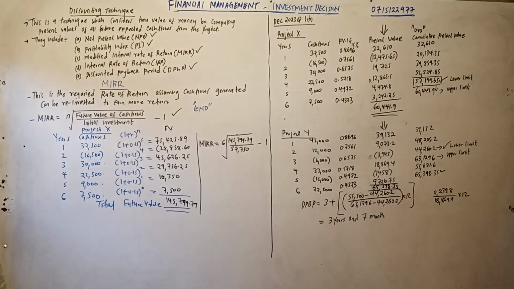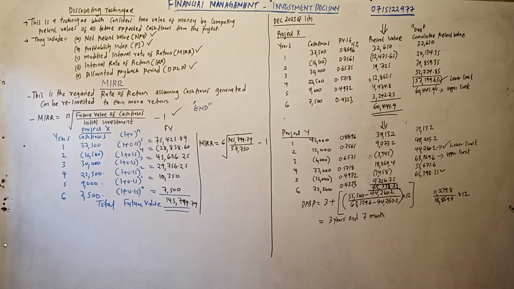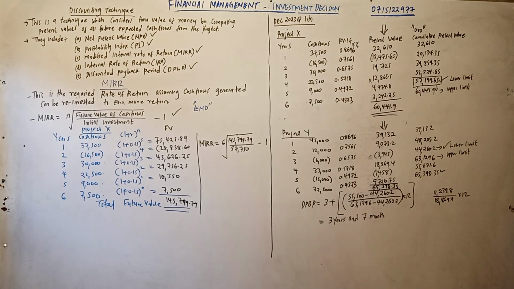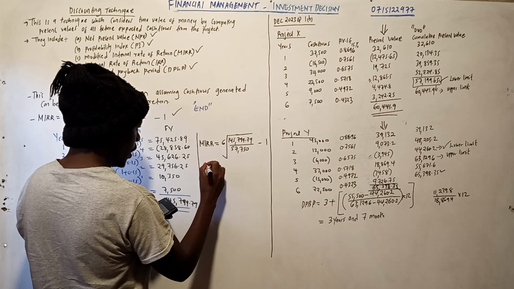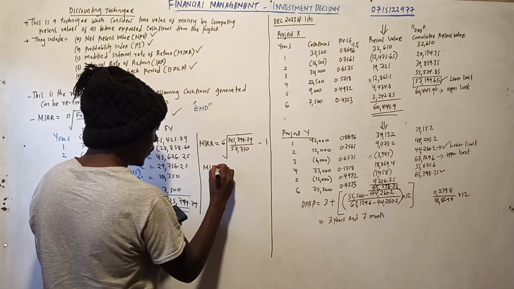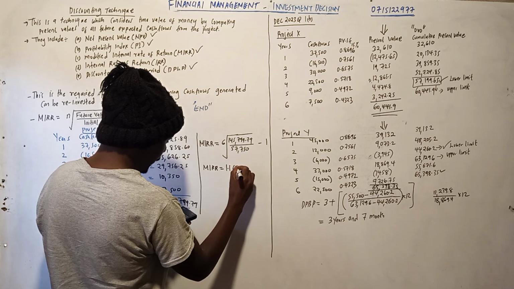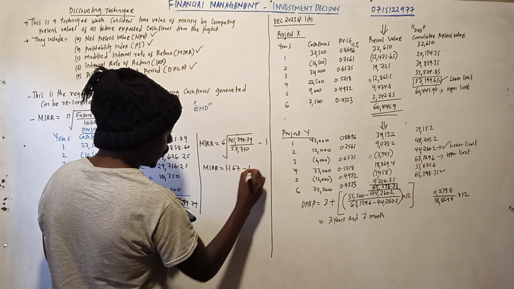It will be 145,799.79 divided by 57,750. Then the 6th root of the answer, which is MIRR, equals 1.167.